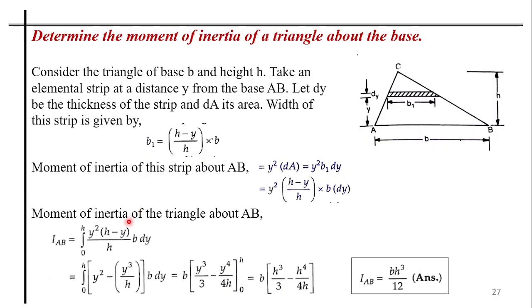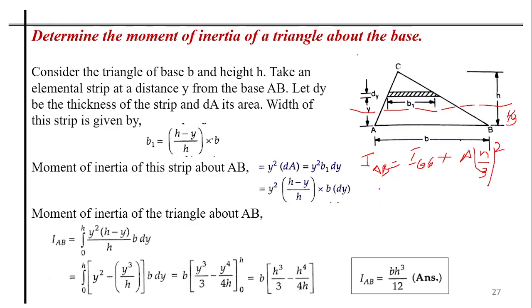Now, if I want to find the moment of inertia about the centroidal horizontal axis, we all know that it is located at a distance of how much? h divided by 3, correct? Okay, h by 3 from the base. Now, from the parallel axis theorem, IAB can be written as IGG or Ixx, you can give any name, plus A into (h divided by 3) whole square, because that is the distance between those two axes.